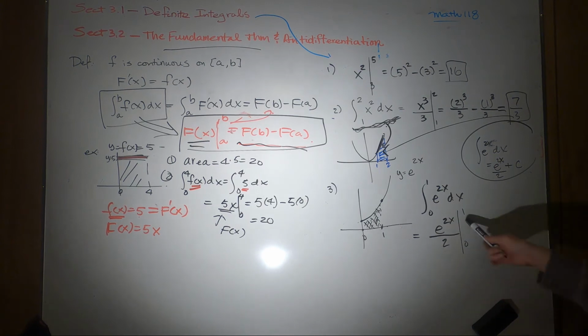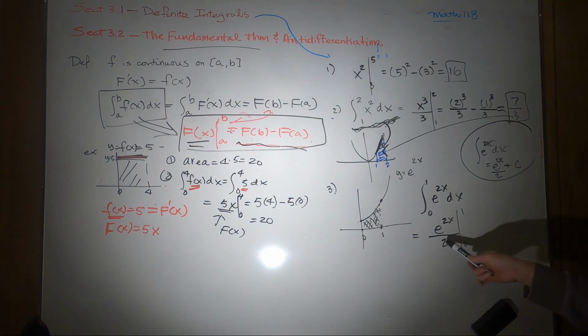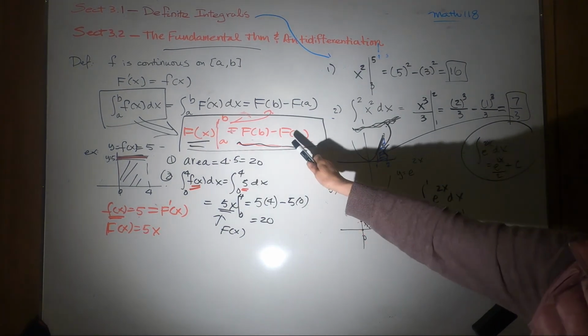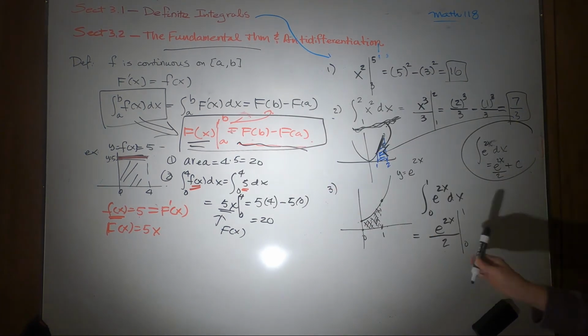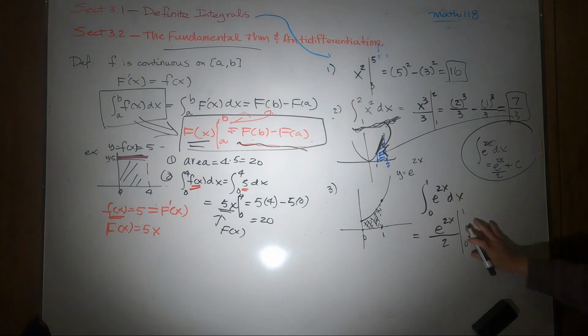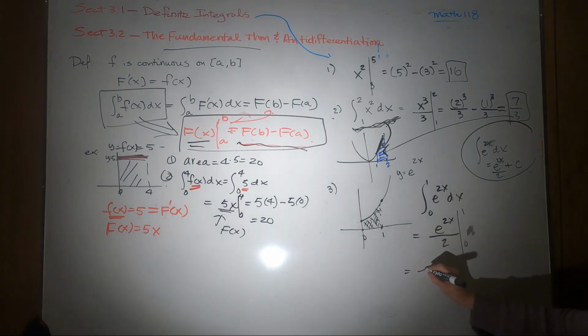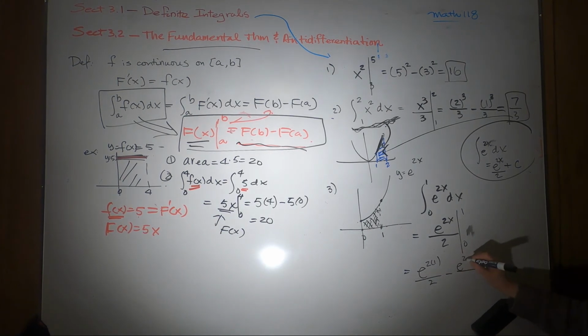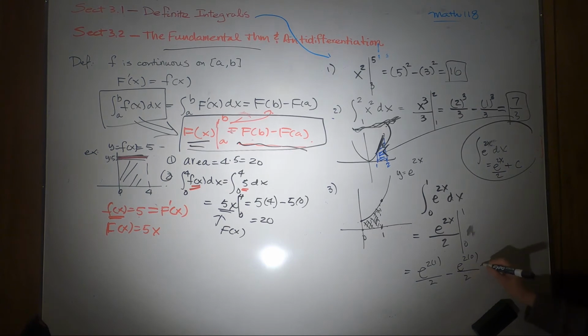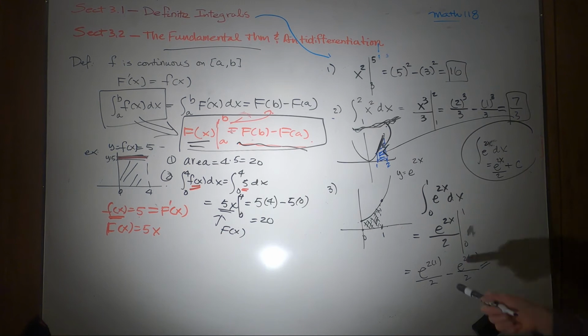Then how do we find the answer from 0 to 1 for this? Then we rely on this section. The fundamental theorem guarantees that all you need to do is just plug in. So plug in 1: e to the 2 over 2, minus e to the 0 over 2. If you do that, that would be your answer.